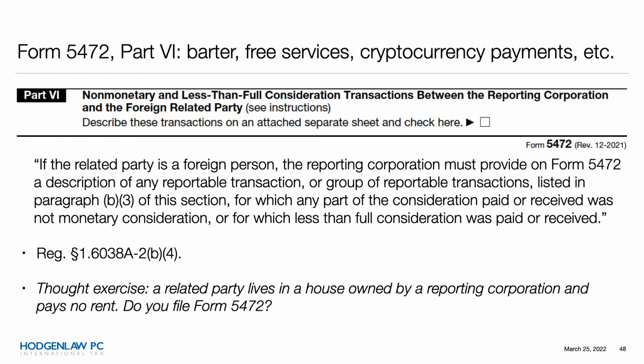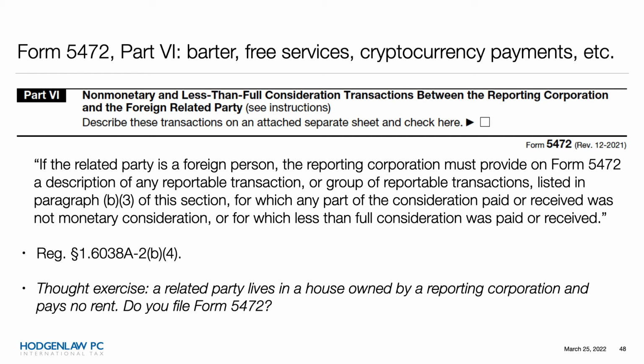So this one's a bit messier and murkier, and I kind of wonder whether the reporting obligations are, let's just say, honored in the breach, to put it politely, because A, they might not be immediately visible, and B, it might not occur to you that you're going to have something that would be reported here. And C, why would you want to report it here anyway? Anyway, so here the non-monetary just means not in U.S. or foreign currency, and less than full consideration means discount, right?